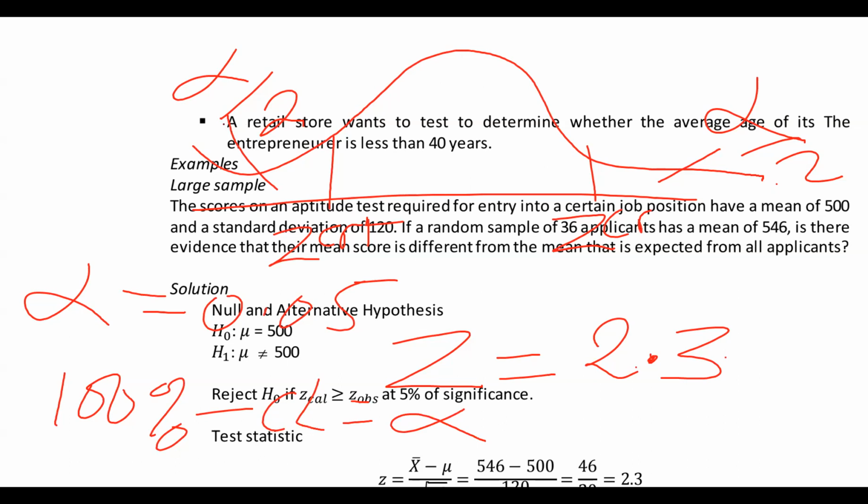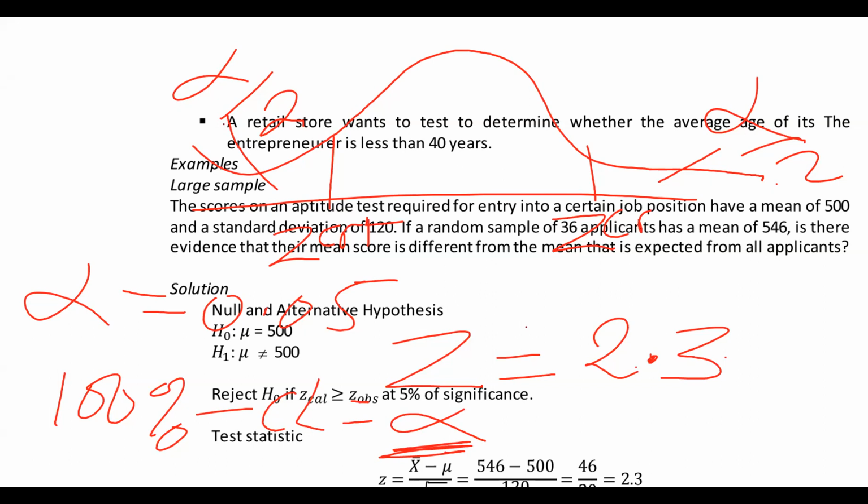I'm saying that if they don't give you the significance level, and you're just given the confidence level, the confidence level should be subtracted from 100. Whatever remains is your alpha. Alpha is the same as the significance level. Did you get that?